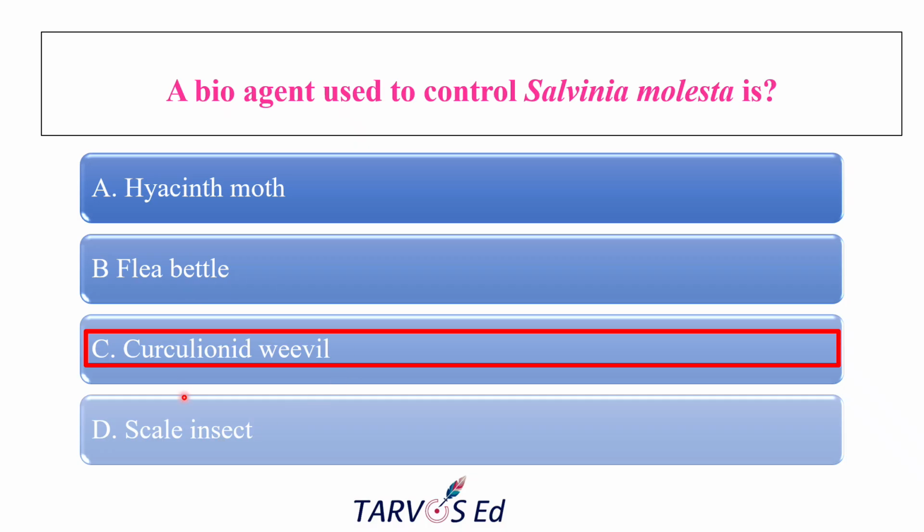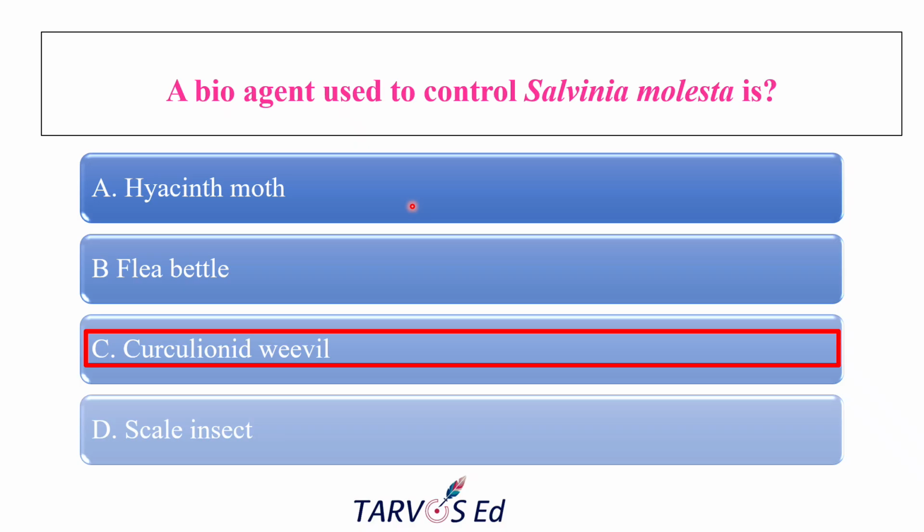Okay. And also remember one thing, to control Parthenium hysterophorus, that is Parthenium weed, you may be knowing about the weed. That is Congress grass and carrot weed, we can call it by different names. So in order to control Parthenium, we can import Zygogramma bicolorata. Zygogramma bicolorata is an insect belonging to the beetle family.